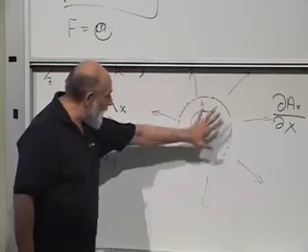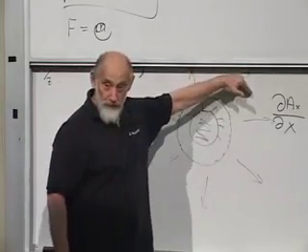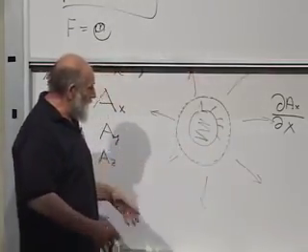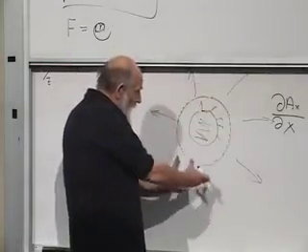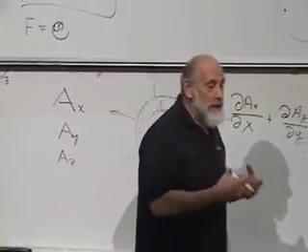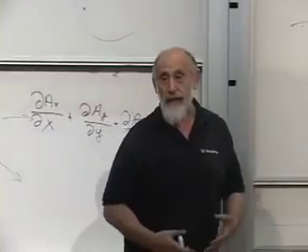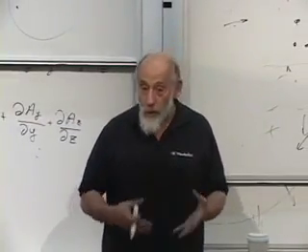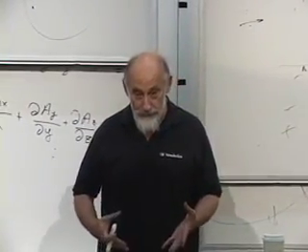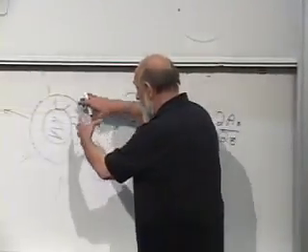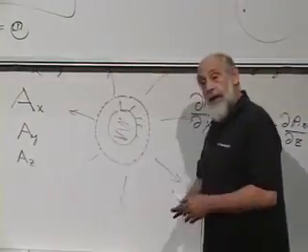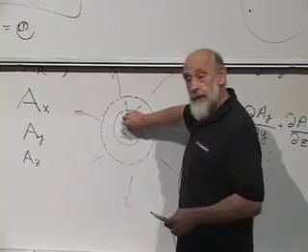No field on the interior of the shell, field on the exterior of the shell. So the consequence is that if you made a spherical shell of material like that, the interior would be absolutely identical to what it would be if there was no gravitating material there at all. On the other hand, on the outside, you would have a field which would be absolutely identical to what happens at the center.